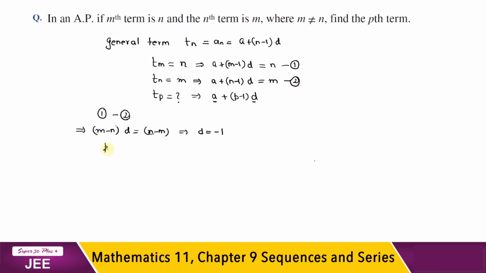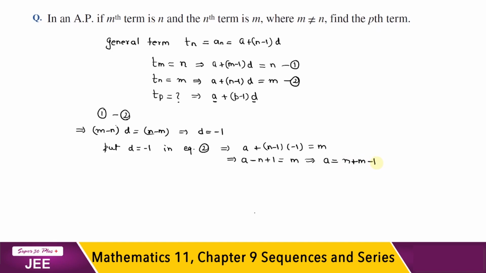So I am putting d equals minus 1 in equation number 2. So we get a plus (n minus 1) into d equals m, which means that a minus n plus 1 equals m. So a comes out to be equal to n plus m minus 1.